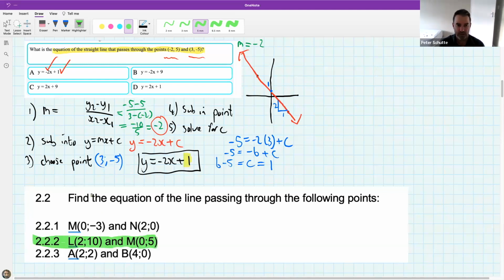So can you find me the equation of the line going through the green 2 points? Let's do it. And you're going to fly solo now. This is your solo flight. If you have a question, you're welcome to ask. But otherwise, unless there are questions, I'm not going to intervene.